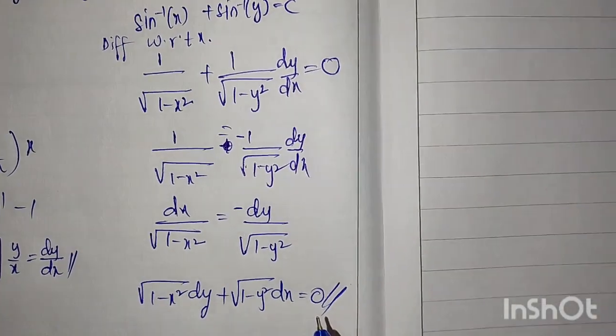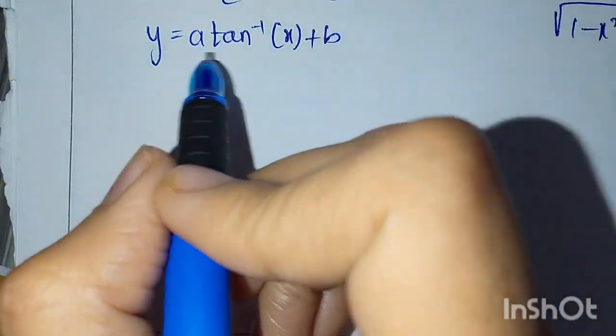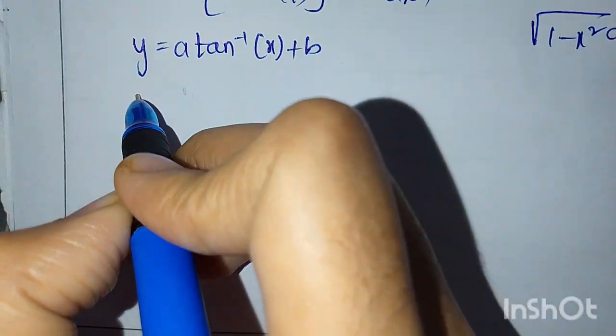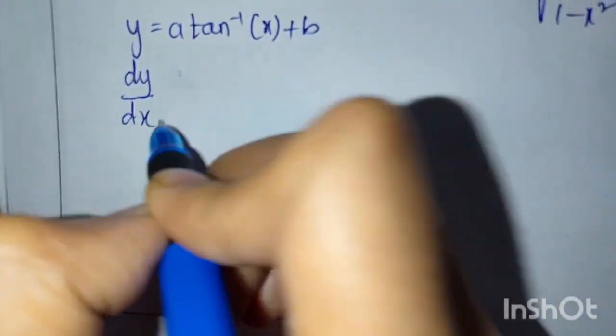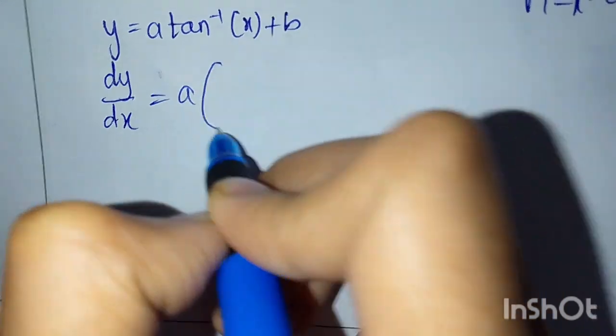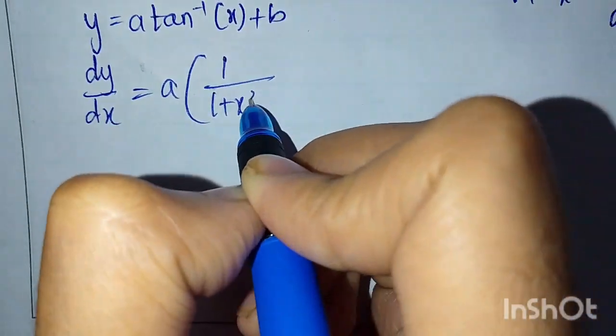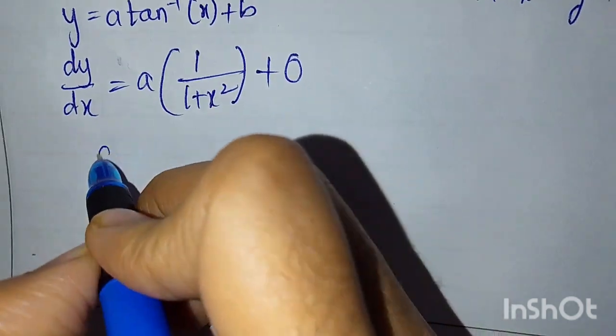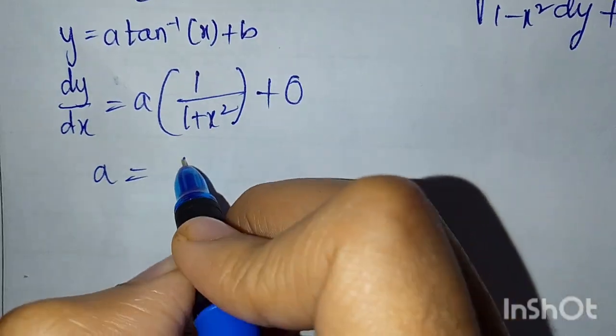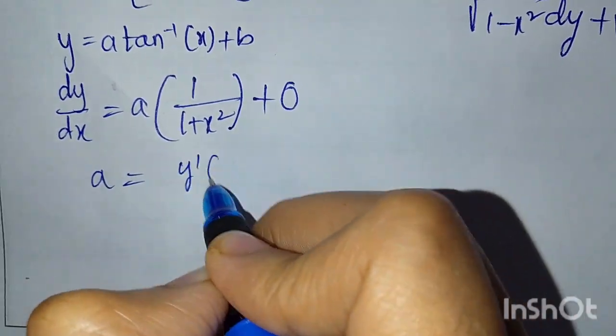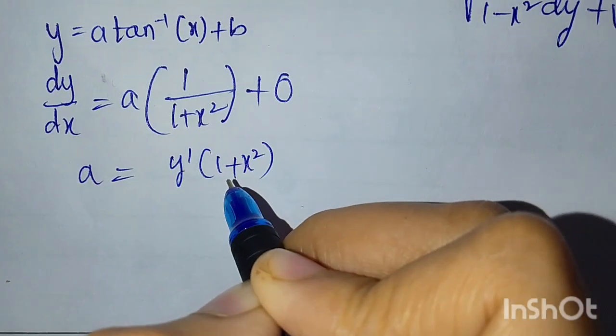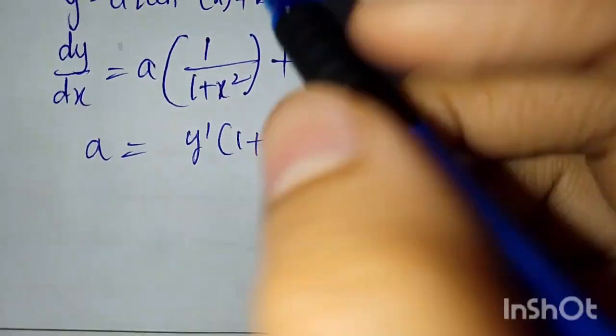So see next question, y is equal to a tan inverse of x plus b. So differentiating with respect to x, I'll get 1 by 1 plus x square, and this will be 0. From here, what is my a? Is y dash into 1 plus x square. So because I have two arbitrary constants, I can differentiate it 2 times.